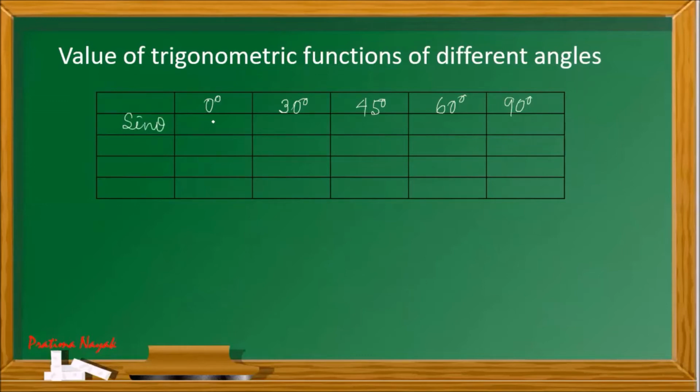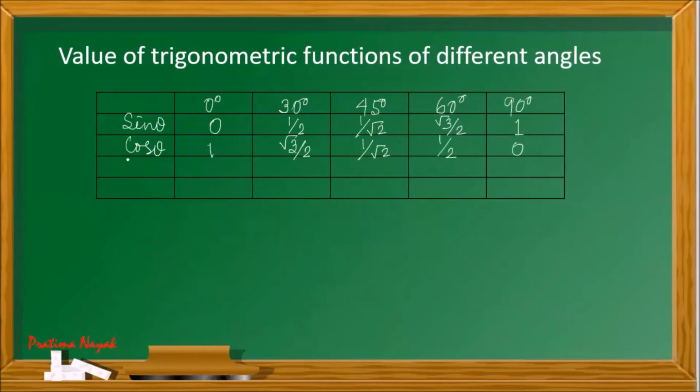Sine 0 is equal to 0, sine 30 is 1 by 2, sine 45 is 1 by root 2, sine 60 is root 3 by 2, and sine 90 is 1. And for cos theta, you go in the opposite way and you will get all the values: 1, root 3 by 2, 1 by root 2, 1 by 2 again, and 0.